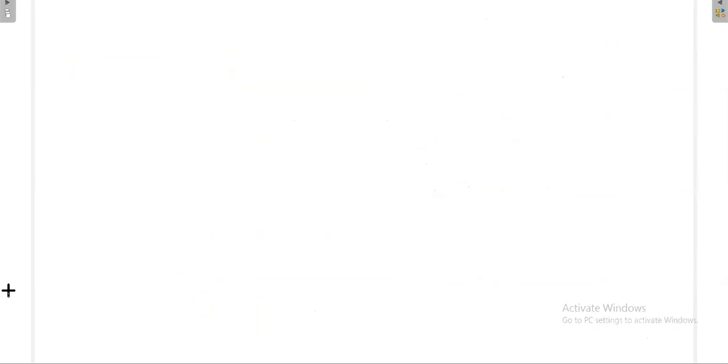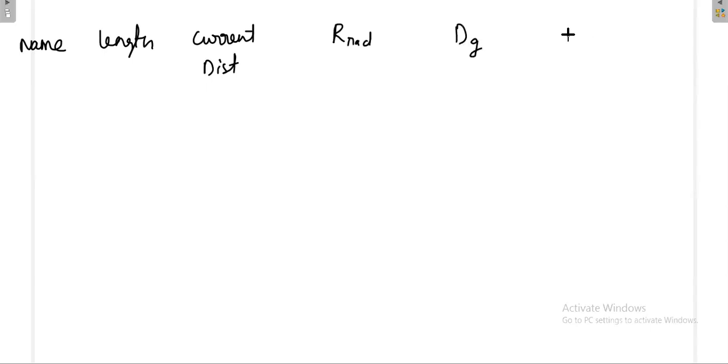First the name of the antenna, what is the length, current distribution, radiation resistance, and what is directivity, directive gain value, and what is the maximum directive gain, that is directivity D naught.